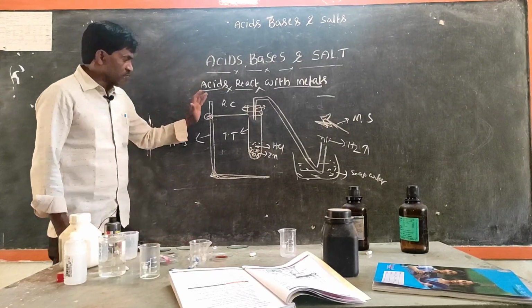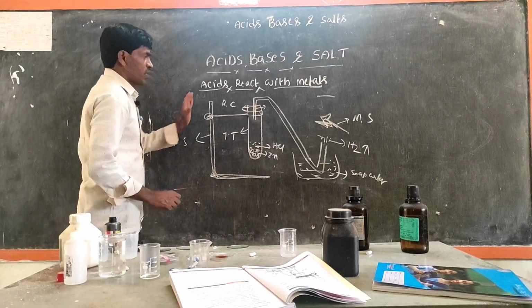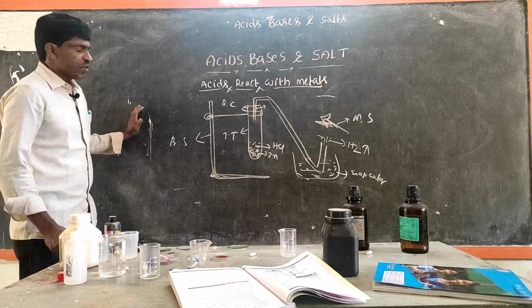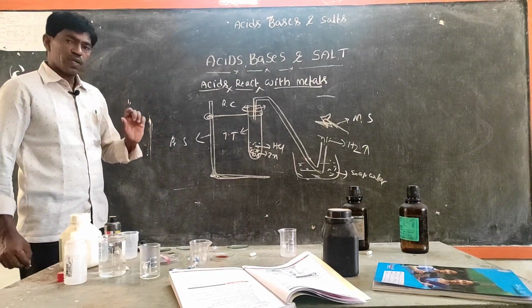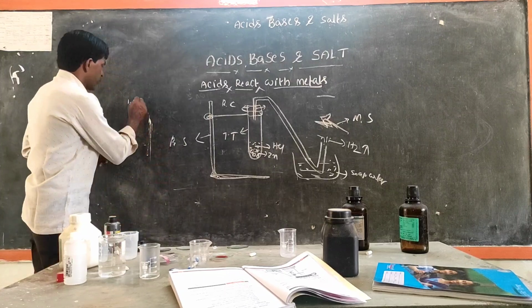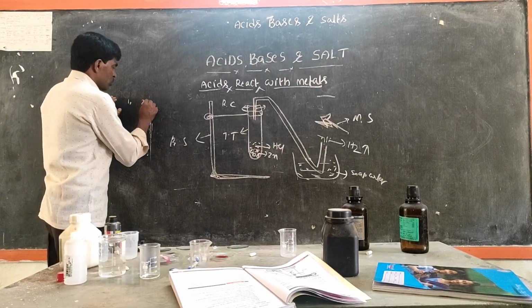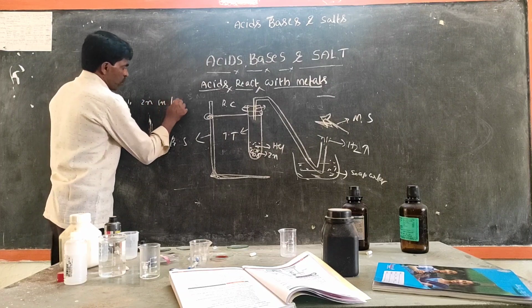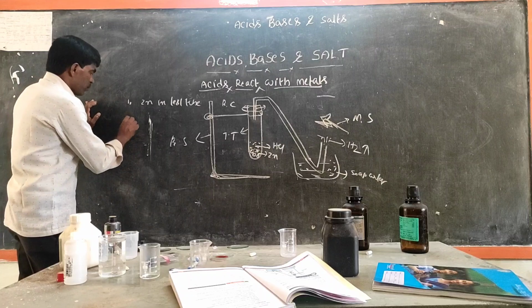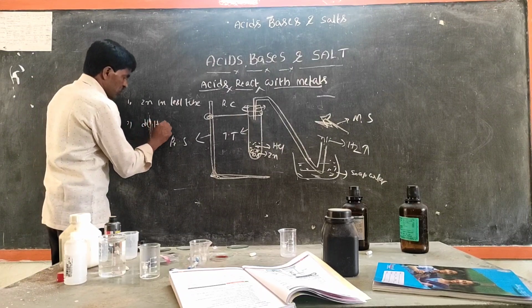First, arrange the apparatus as shown in the figure. Take a few zinc granules into the test tube. Add a little amount of dilute hydrochloric acid to it.